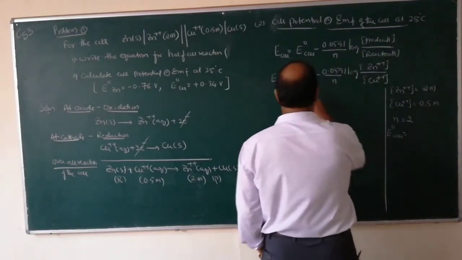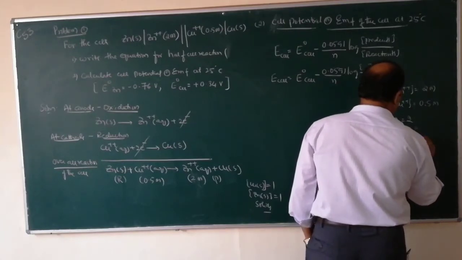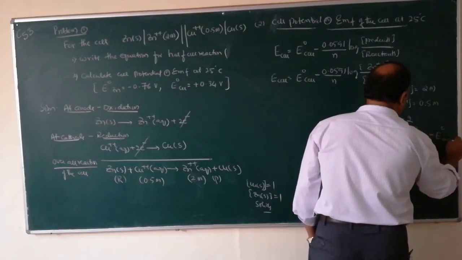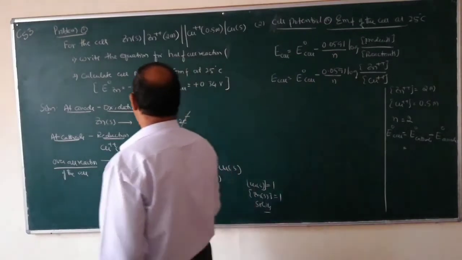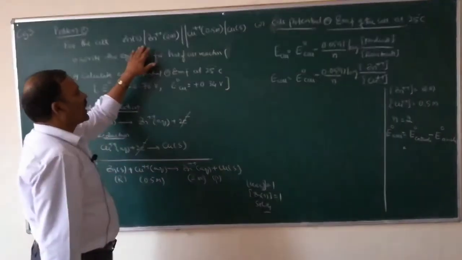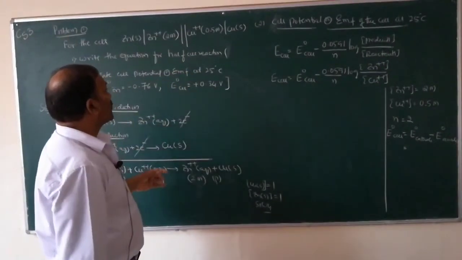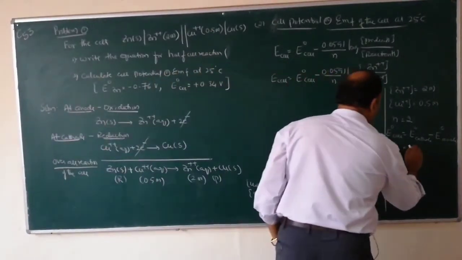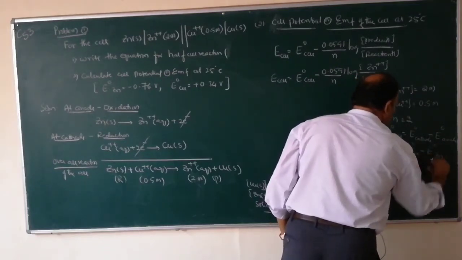The standard electrode potential of the cell is equal to the standard electrode potential of the cathode minus the standard electrode potential of the anode. Which is the cathode and which is the anode? Here the copper electrode is the cathode and the zinc electrode is the anode. So you subtract the electrode potential of zinc from that of copper, that is E naught Cu minus E naught Zn.